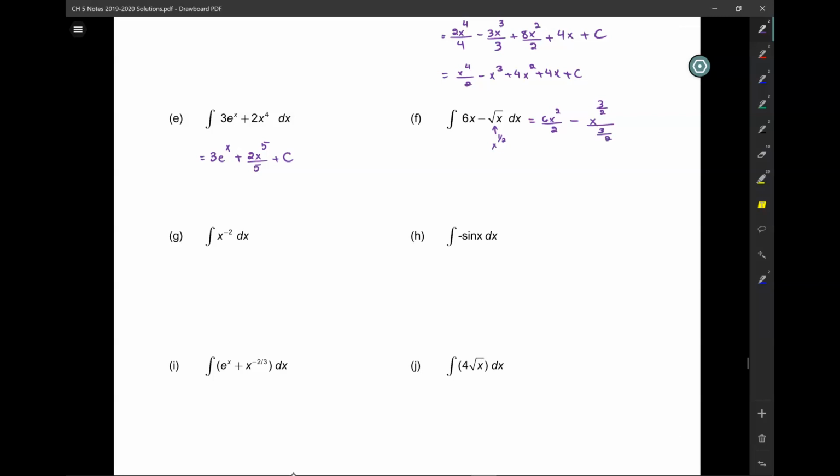And I'll do this 1 or 2 more times, and then we're just going to take the reciprocal every single time, right? We're just going to get better at that. So this is going to be 3x squared minus 2 over 3, x to the 3 over 2, plus c. I should have had a plus c up there too. Okay?